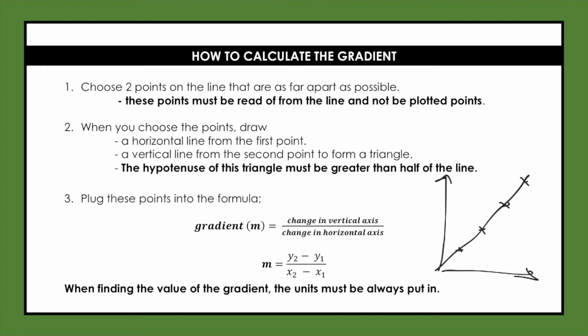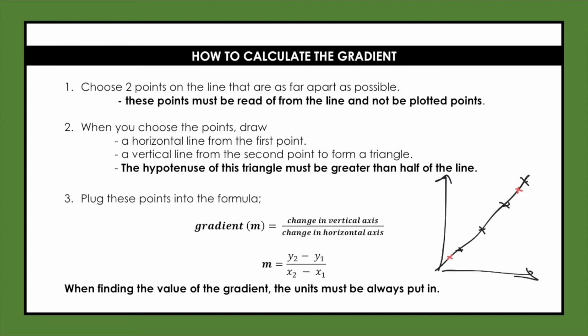Do not take these points to calculate your gradient. Take any random point along the line here. Do not choose points that were given to you. Read off 2 points from your line of best fit.